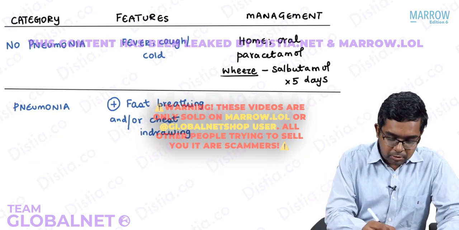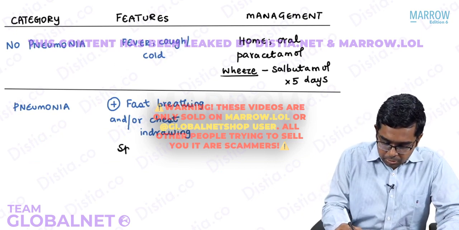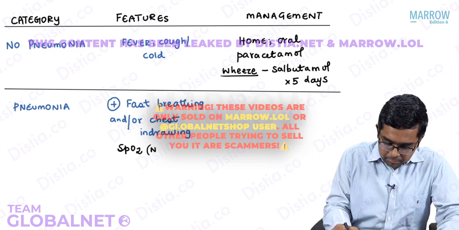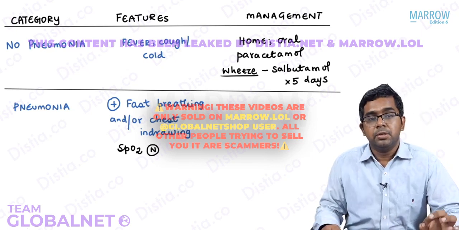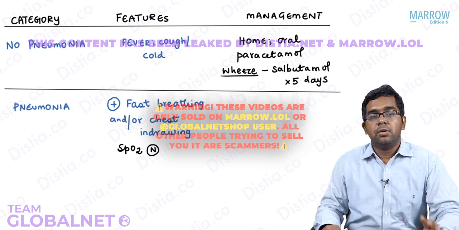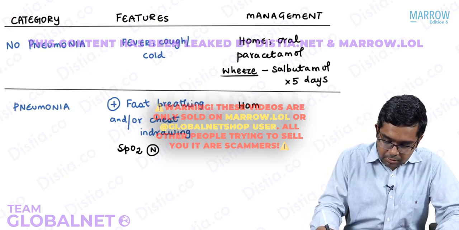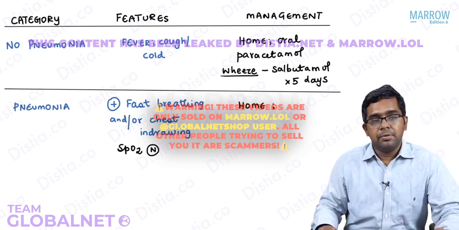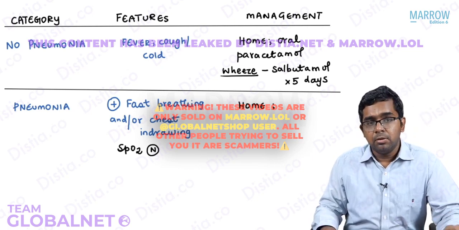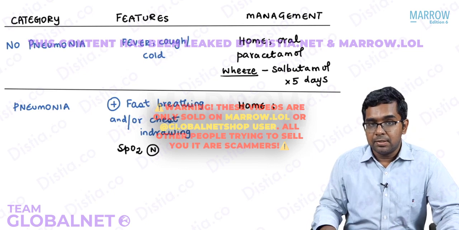The most important thing to be noted here is SpO2 should be normal, or in other words, there should be no hypoxia. Then only you can call it pneumonia. For pneumonia, again, it is home management which is advised. Same as before, you will give oral paracetamol along with salbutamol if there is wheezing.